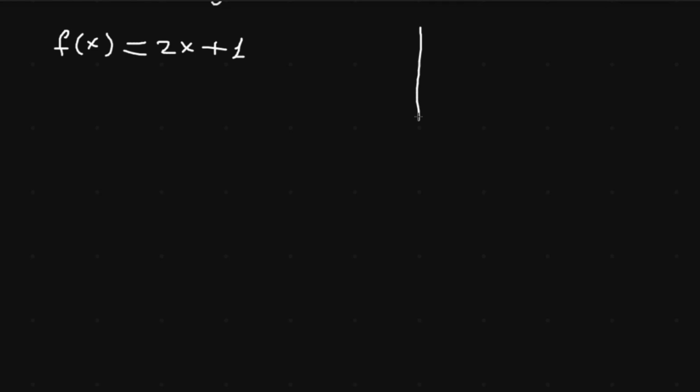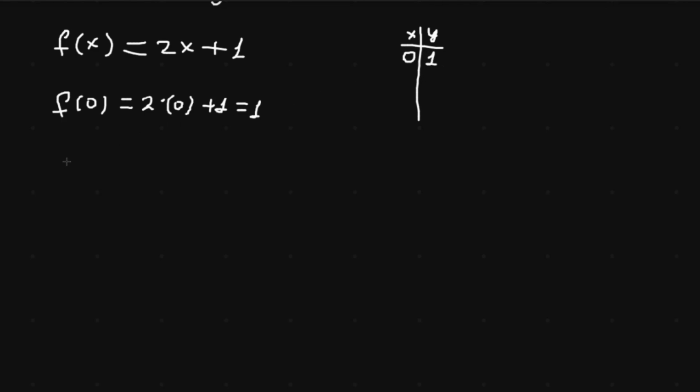We write here x and we write here y. X's are inputs, y's are outputs. So let's say we inputted 0 to this function. We would have f of 0 is equal to 2 times 0 plus 1, which is equal to 1. So for x, which is 0, we get y, which is 1.